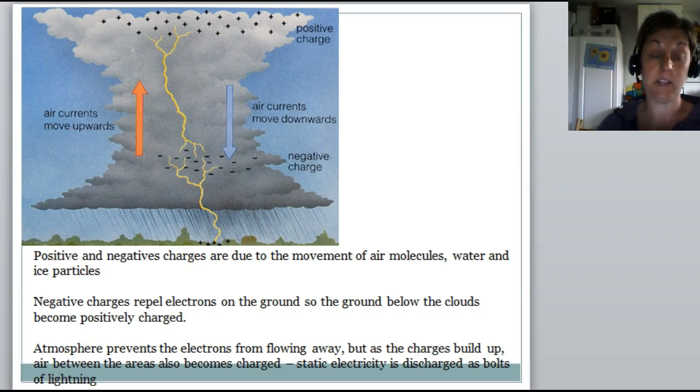The negative charges repel electrons on the ground, so the ground below the clouds will become positively charged. The atmosphere doesn't allow those electrons to just flow away. As those charges build up, the air between the areas also becomes charged, and the static electricity is discharged as bolts of lightning. It's kind of cool.